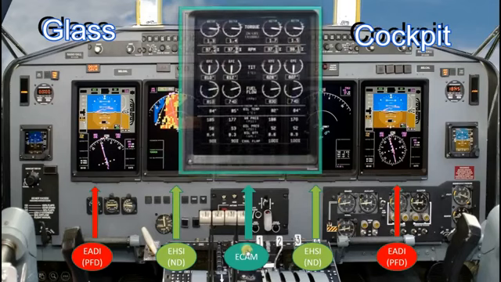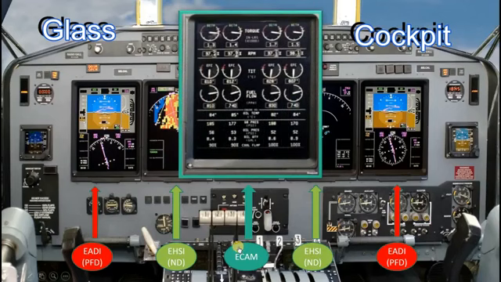ECAM is the third flight instrument system, which provides information related to the engine, and ECAM stands for Engine Centralized Aircraft Monitoring.